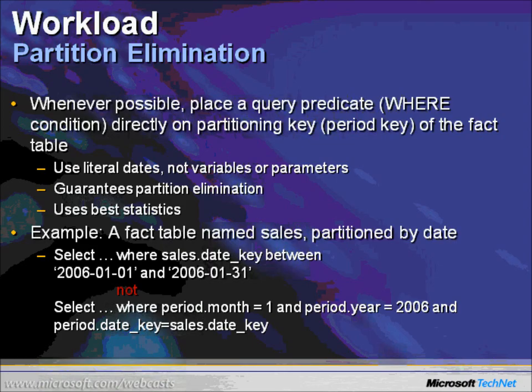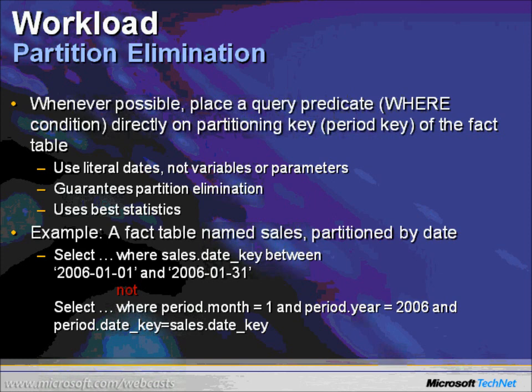Here's an example of how to do range elimination in your queries. If you look at the bottom, there are two selects. One selects from a fact table called sales, where the date key is between one constant and another. The second query means more or less the same thing.